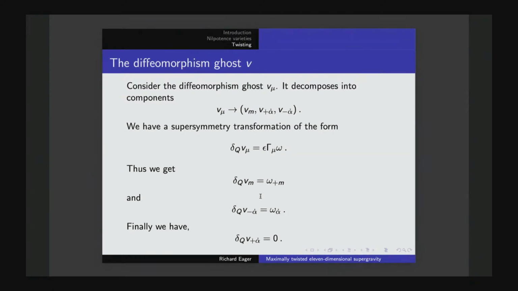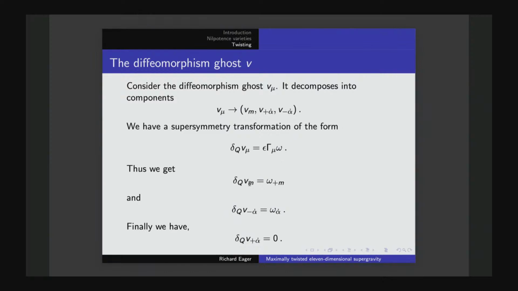As an example of how the computation goes, and I'm not going to go into all the gory details, we just take a simple field like the diffeomorphism ghost, and it's a vector, so it decomposes into a 7-dimensional vector on G2, and then it's related to holomorphic and anti-holomorphic components on R4. And we want to decompose the supersymmetry transformation that takes the vector ghost into the spinor ghost.